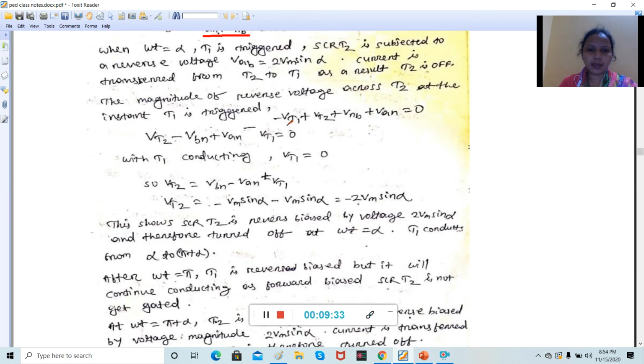When we apply KVL in the whole circuit diagram, the whole circuit diagram is like this.